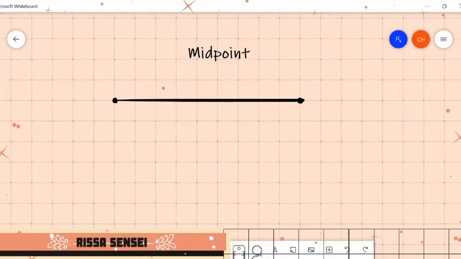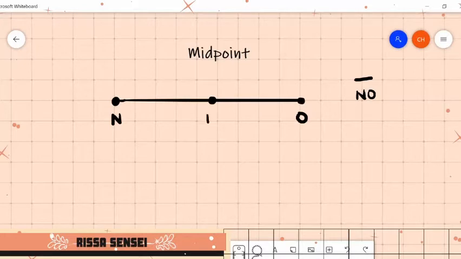So, we have here a line segment because it has endpoints, and we name it as point N and O. So, this is line segment NO. Okay? And ano bang representation ng midpoint? So, point lang yun in the middle of these two points.